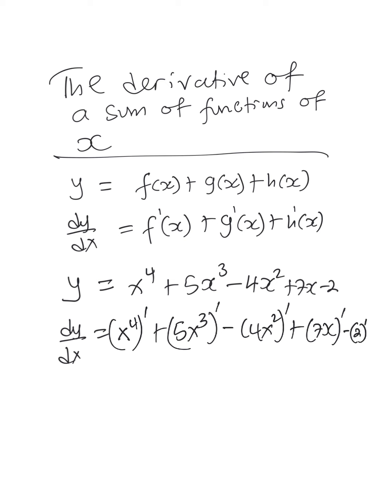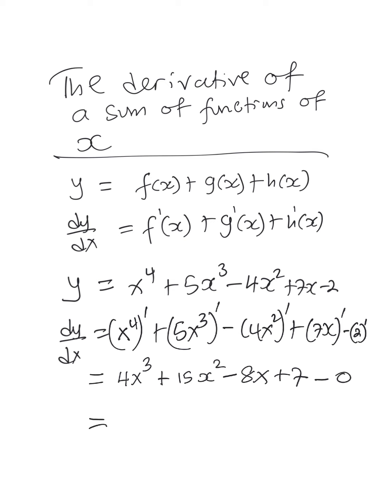So what do we get when we differentiate x to the 4? This is going to be 4x cubed plus 15x squared minus 2 times 4, which is 8x, plus 7 minus 0, because the derivative of a constant is 0.